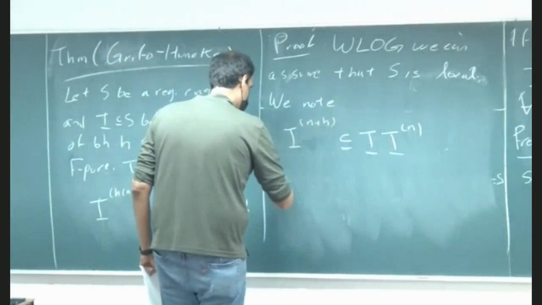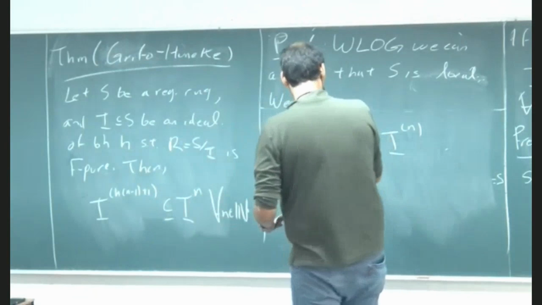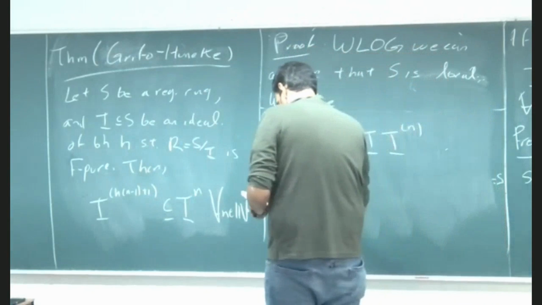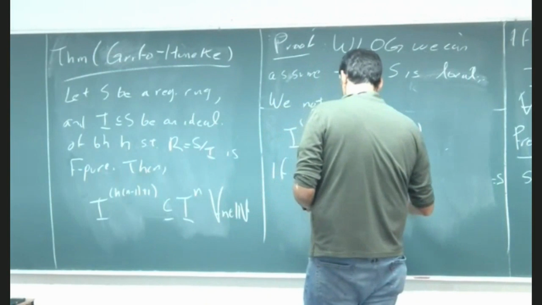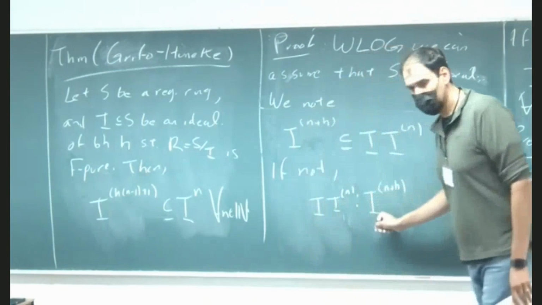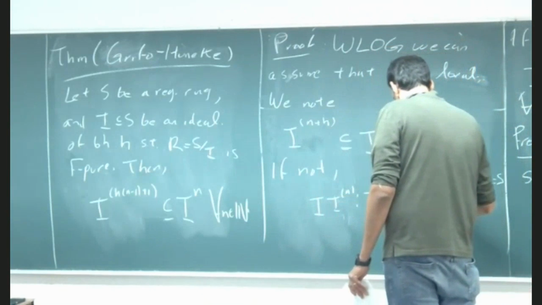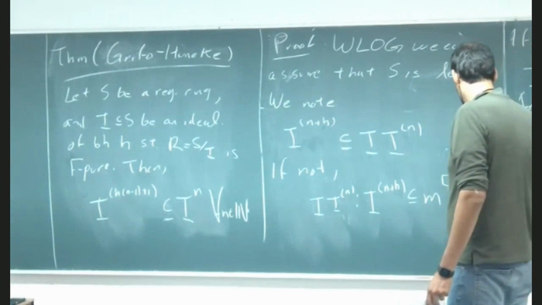So we have this one because if not, what's going to happen? If this is not contained in here, I can take the colon ideal. So one is not going to be here, which means that this colon ideal is contained in the maximal ideal. Okay. Take the P to the E powers.